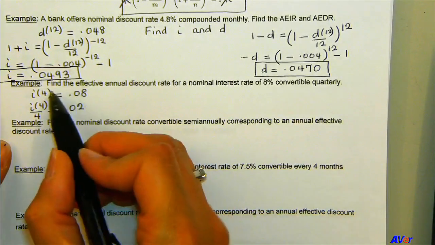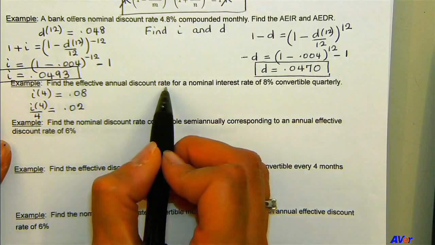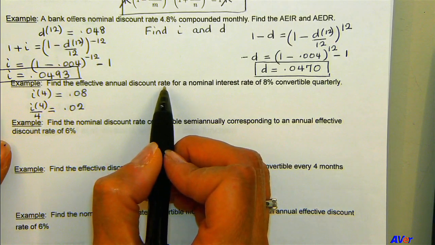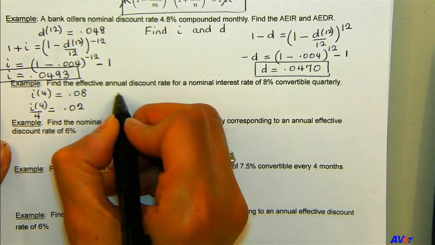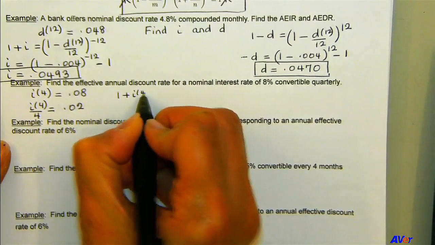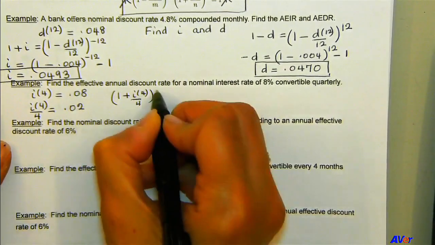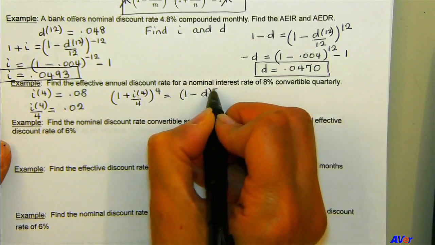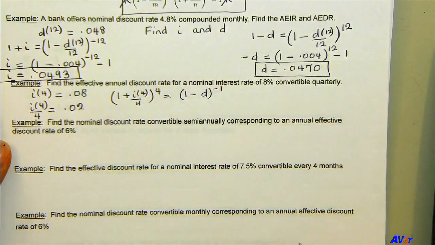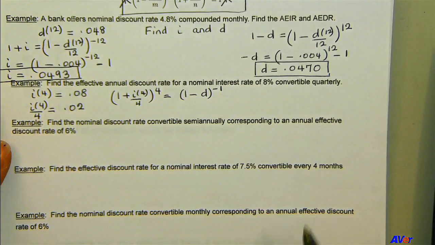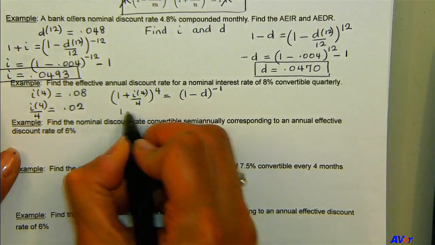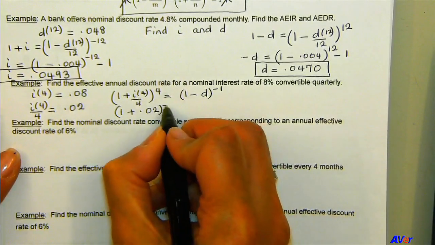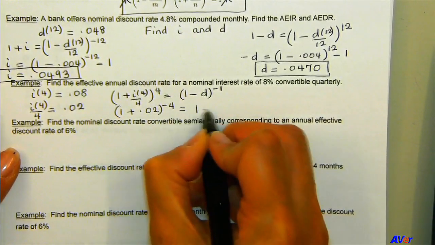And what do they want? The effective annual discount rate, d. So what's your formula? 1 plus i^(4) over 4 to the 4th power equals (1 minus d) to the minus 1 power. And solve. 1 plus 0.02 to the minus 4 equals 1 minus d.